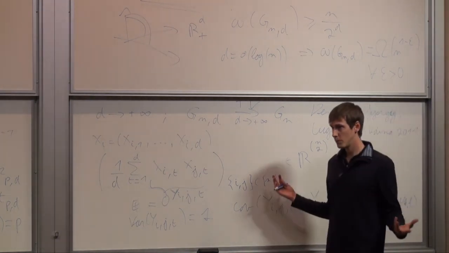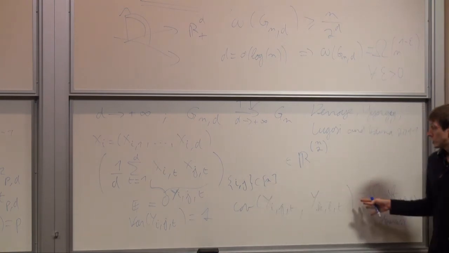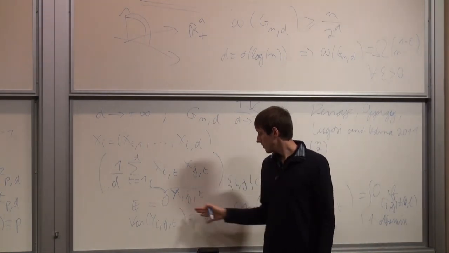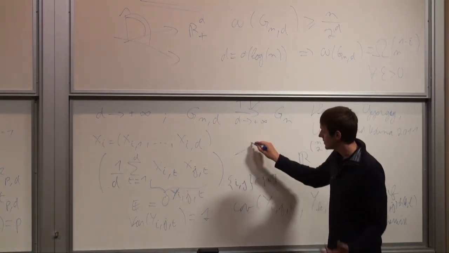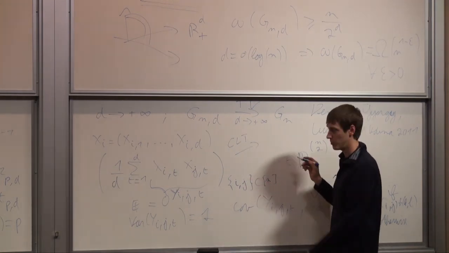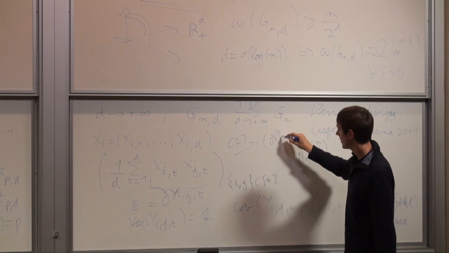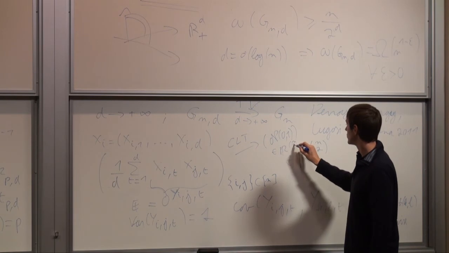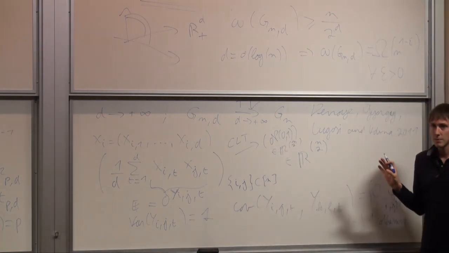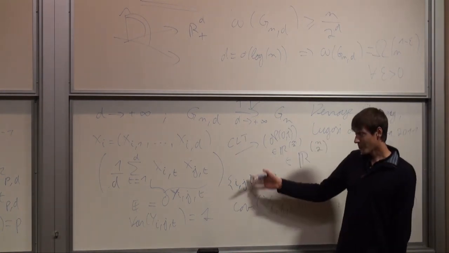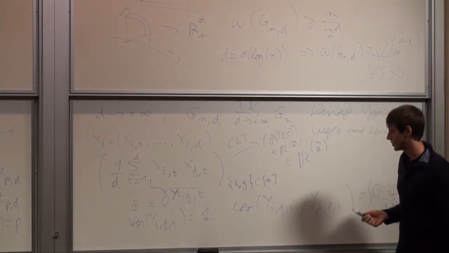I have a bunch of random variables with 0 correlation, expectation 0, variance 1. By the multivariate central limit theorem, this tends to a bunch of independent N(0,1) Gaussian random variables in dimension n choose 2. Now I just have N(0,1), and I decide to connect if it is positive or not. That's a proof of this convergence.